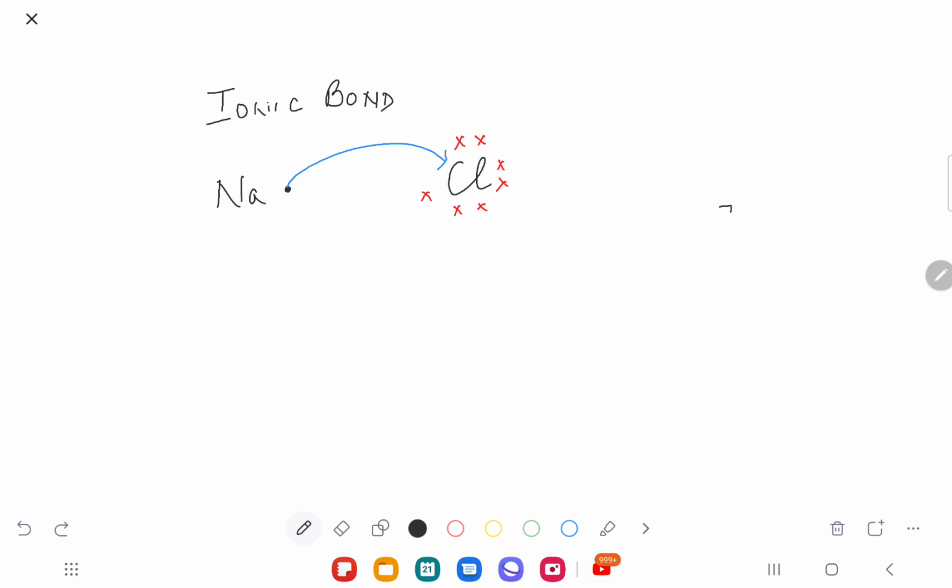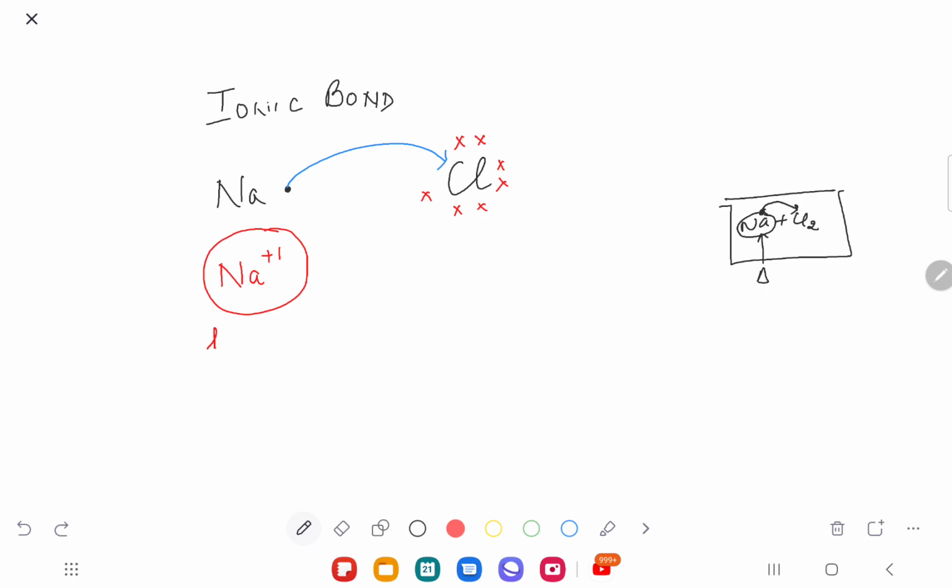You put sodium and chlorine in a beaker and you heat them. So you're heating sodium so that the valence electron gains energy, breaks the force of attraction, and reaches chlorine, isn't it? So when Na loses electrons, do you think that Na will become an Na plus cation and hold its electrons tightly?